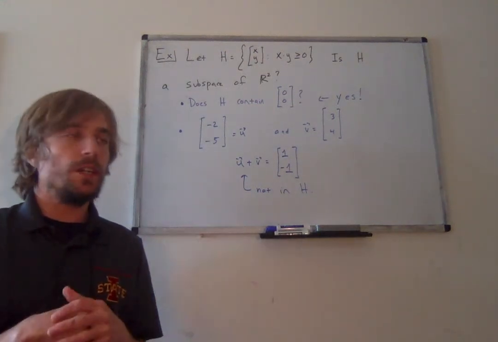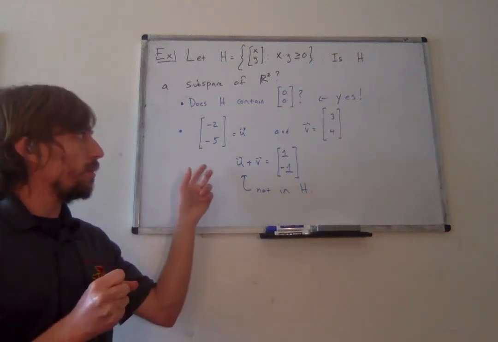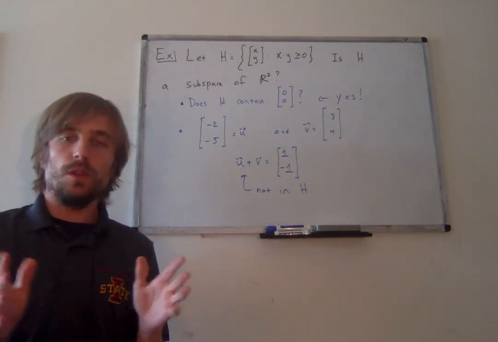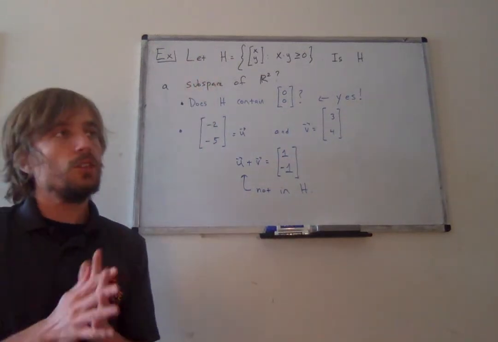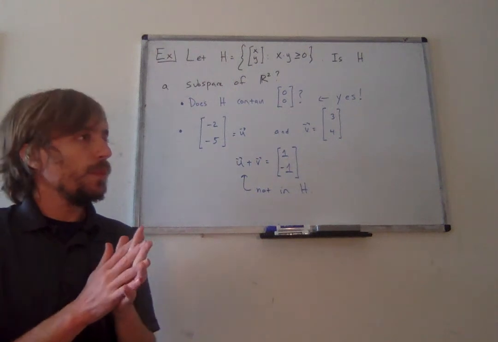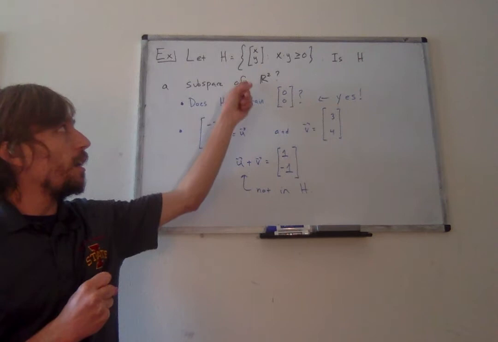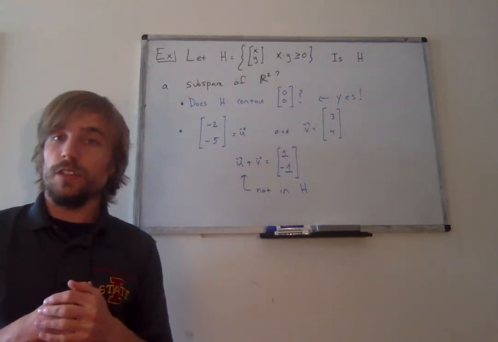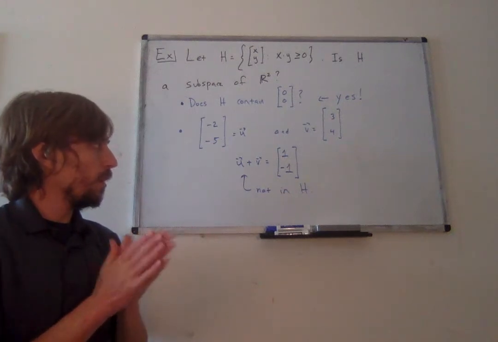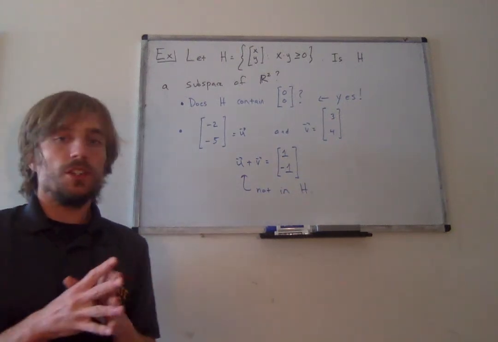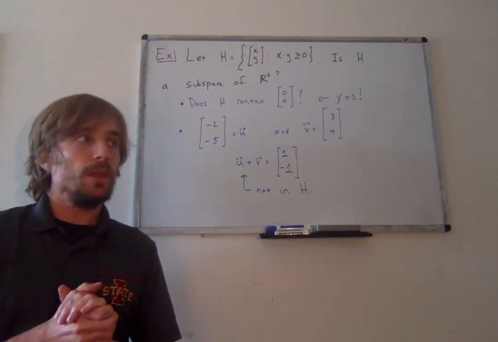I did it in the order I always do it because I find that addition tends to be the one that's going to break the most frequently if some rule is going to break and this isn't a vector space. You could actually verify, if you want, on your own, that in fact H is closed under scalar multiplication. But here we can see that H is not closed under vector addition, and therefore H is not a subspace of R2.